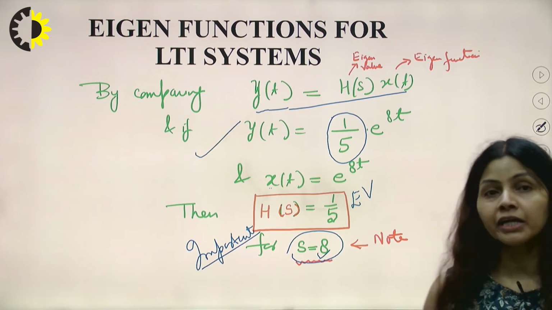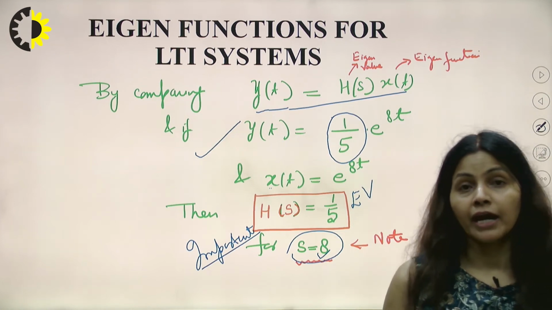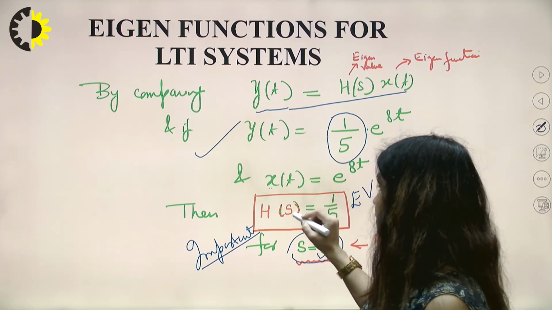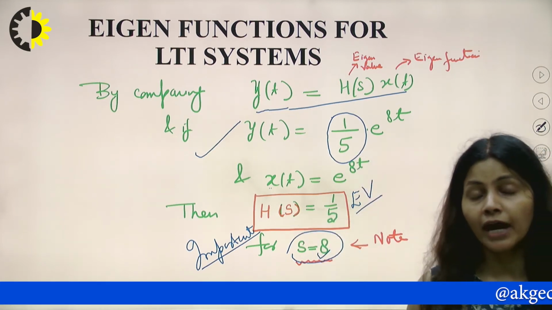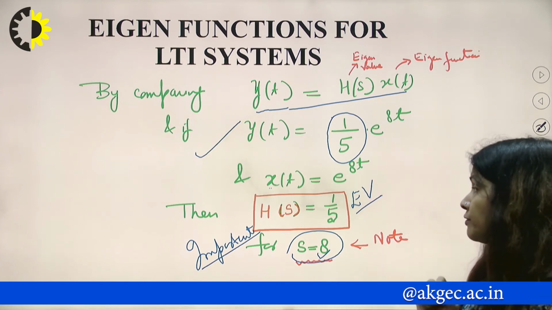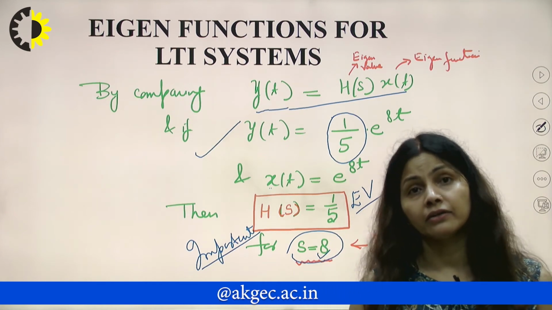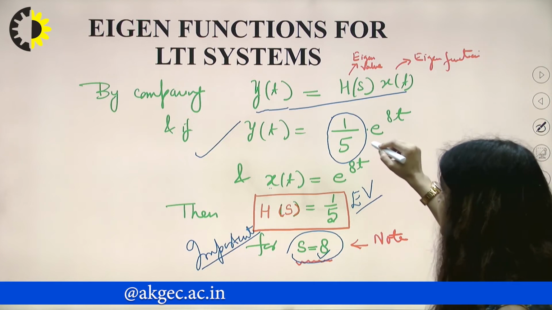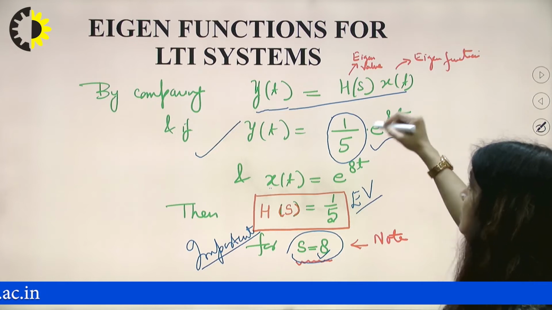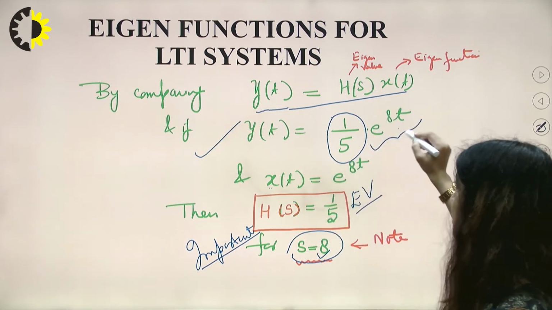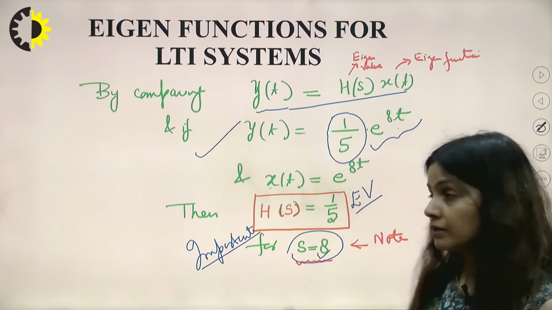Immediately by looking at the e raised to the power 8t multiplied by 1 by 5 and output given like that, the eigenvalue H(s) is equal to 1 by 5 and instantly we can predict that my s is equal to 8. Because this is the input and it is in the form of e raised to the power st, so if I compare, then immediately I can get the value of s to be 8.